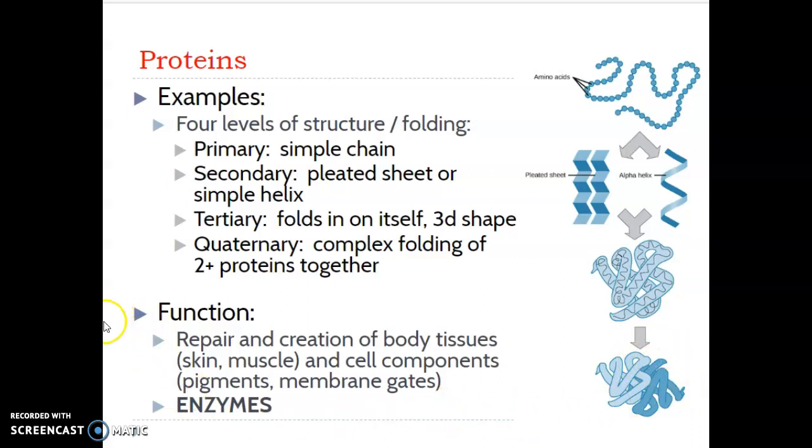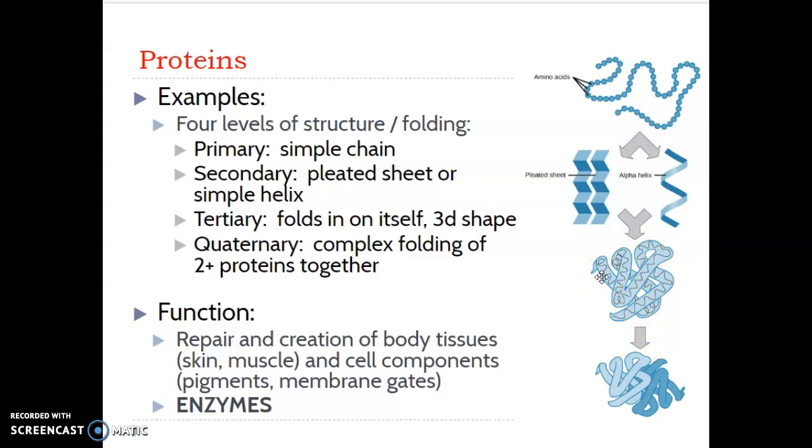The function of proteins: some of these first 3 levels of proteins here, their job is to repair body tissues, so building new muscle fibers with our primary proteins. Building new collagen proteins to hold our skin onto our face. That's important. These guys right here would be used for making pigments.